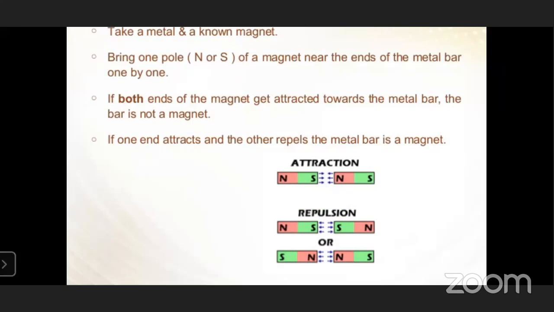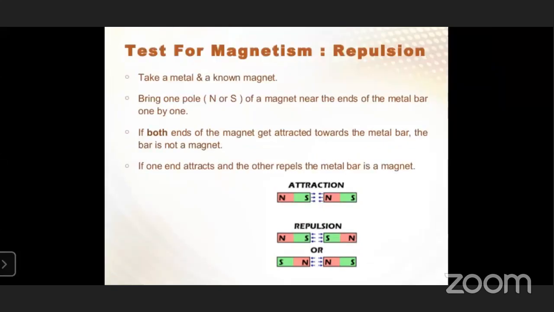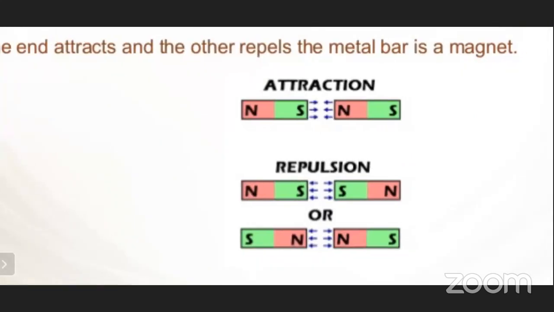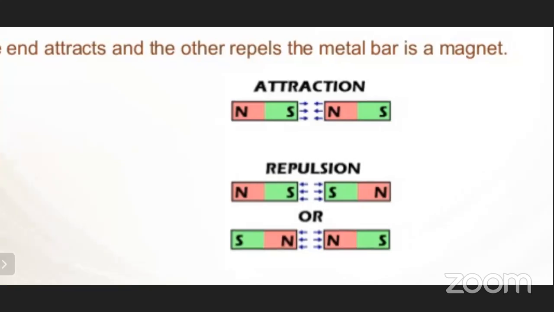Can I repeat this once again? Look at the image. Observe for a minute. See, the colored parts are clearly visible: the north pole, south pole, north pole, south pole.